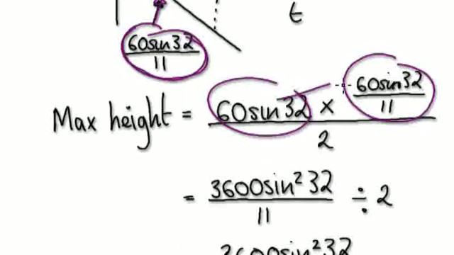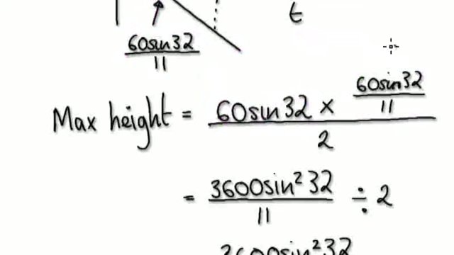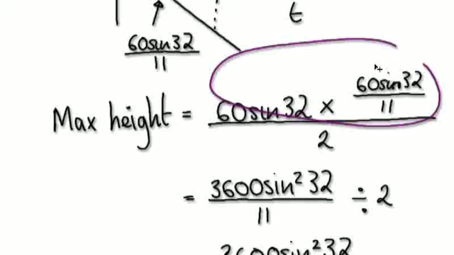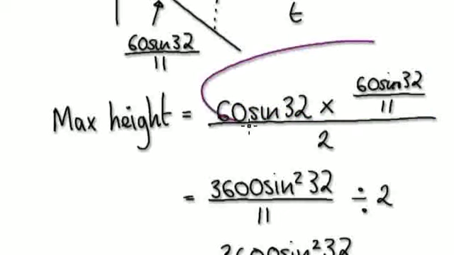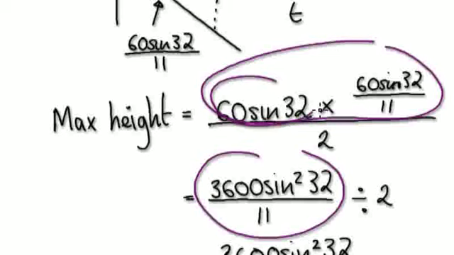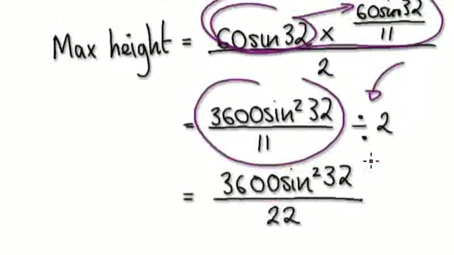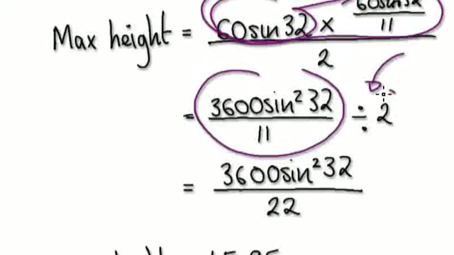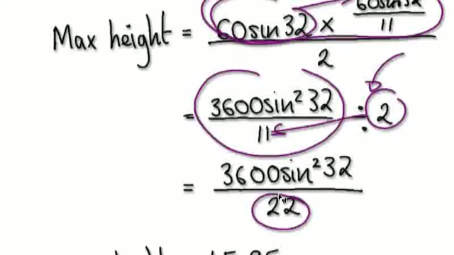Okay, so this gets multiplied to the top, so it becomes this whole thing here. Then visualize the divide by 2 as this. When you've got a fraction, you divide by 2, it gets multiplied to the bottom, so it becomes 22.